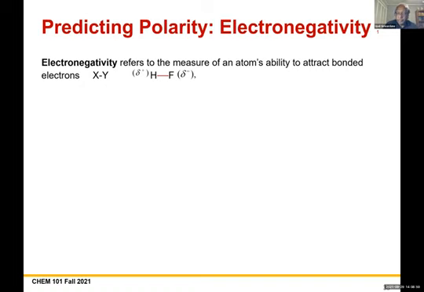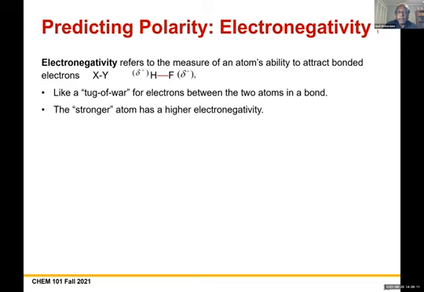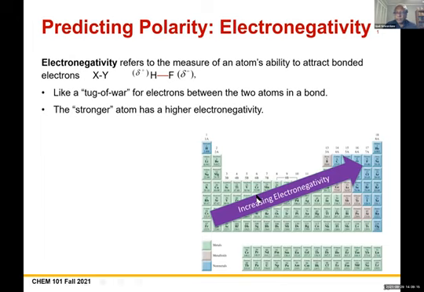So it depends on the electronegativity difference. Electronegativity of fluorine and hydrogen need to be compared to find out exactly how much polarization takes place. Electronegativity is a number that is shown in the periodic table in the diagram here.